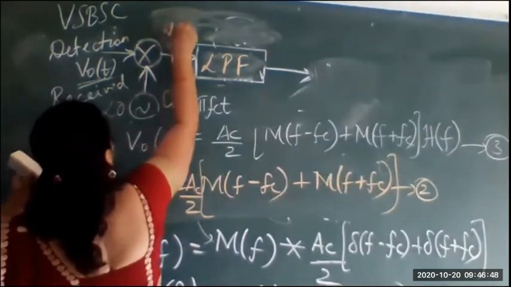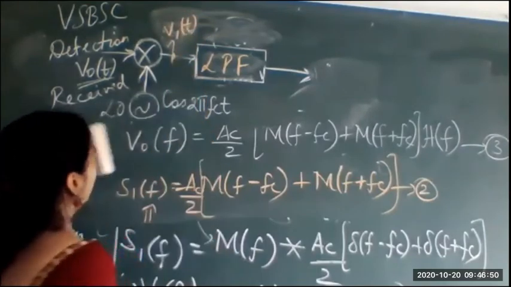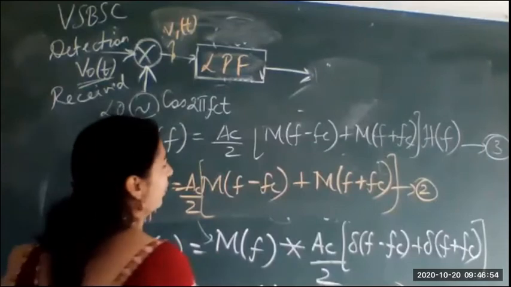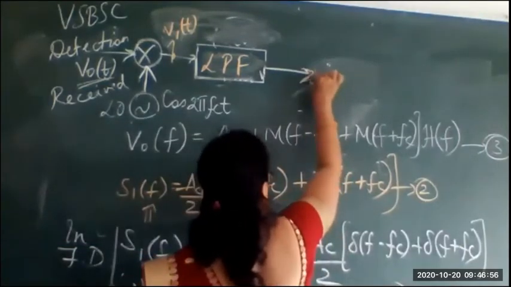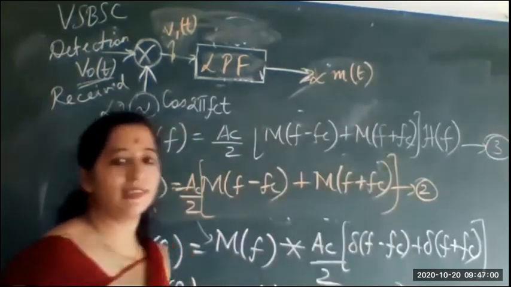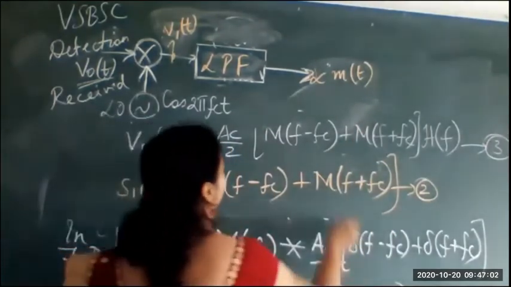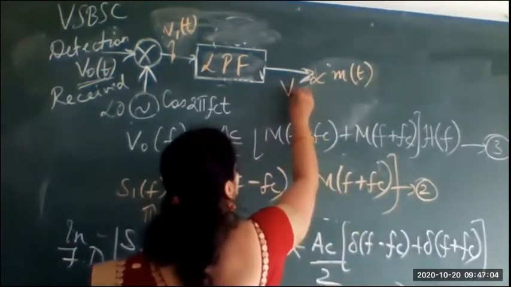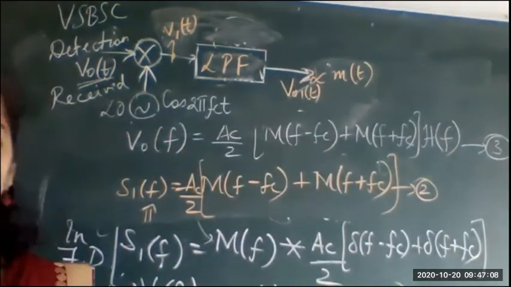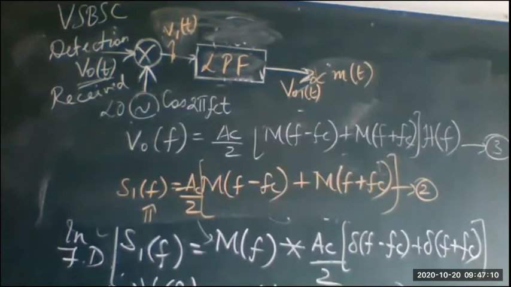Let me call the output here V1 of t. It is sent through the low pass filter, and here I should get the final output, which is proportional to the message signal. I'll call it V01 of t. The final detected output should be proportional to the message.